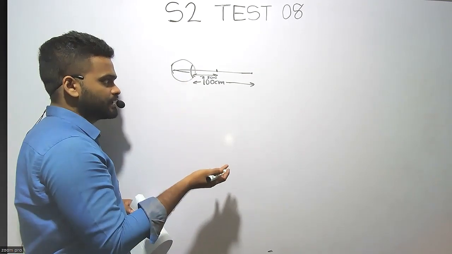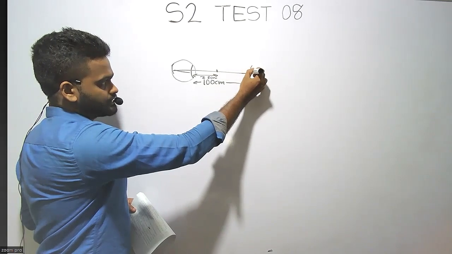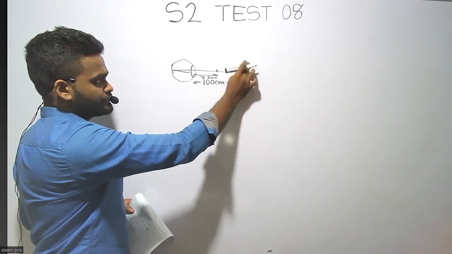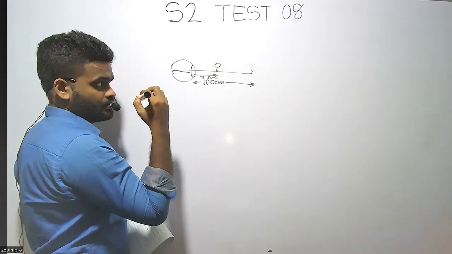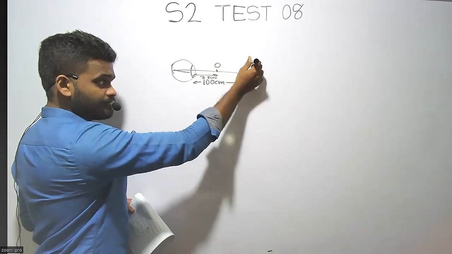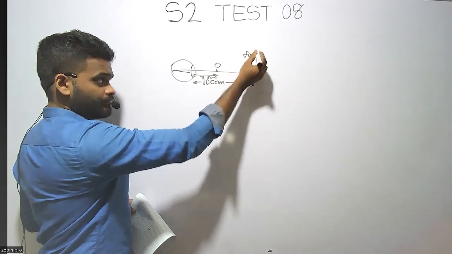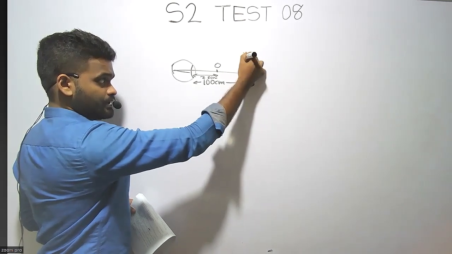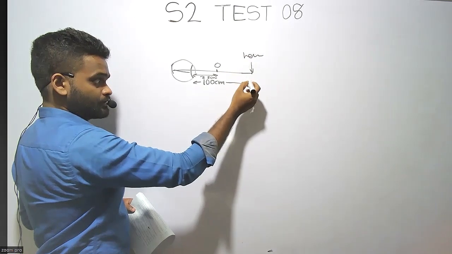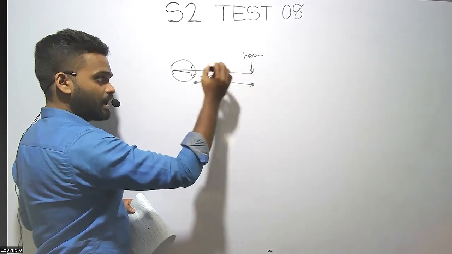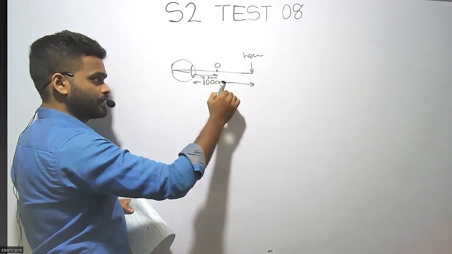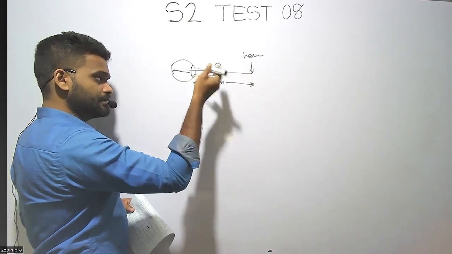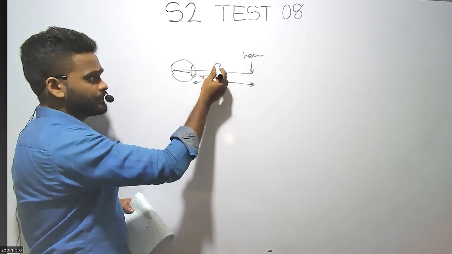So the purpose of the lens should be this. He needs to see objects at 25 centimeters, right? But he only can see, this is a far point of him. Sorry, near point of him. So he only can see objects at 100 centimeters. That's the closest point to him. So he needs to wear a lens.